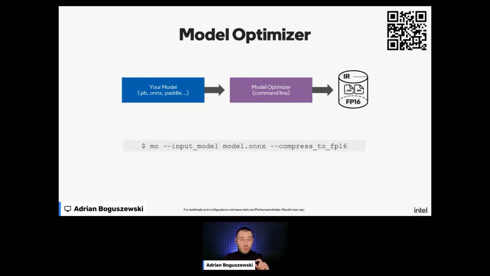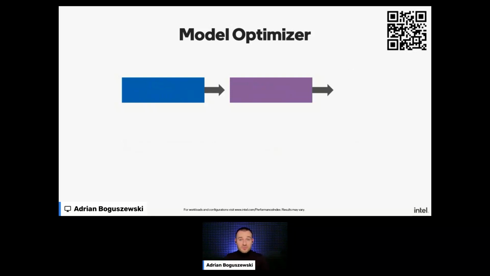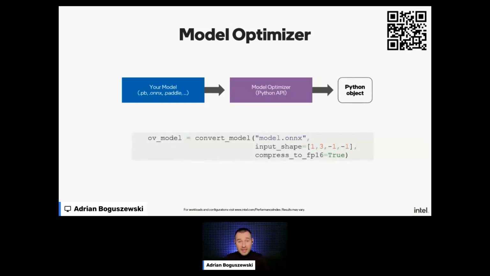So this was the first way to convert your model, and last month we released the new version of OpenVINO, and there is one more way to convert your model to IR. You can use Python API. And in that case, you don't have to use any command line tools, just pure Python, and use function convert model, provide some parameters like path to your model and maybe input shape. Also, if you would like to compress to FP16, you can assign true there, and you will end up with Python object.